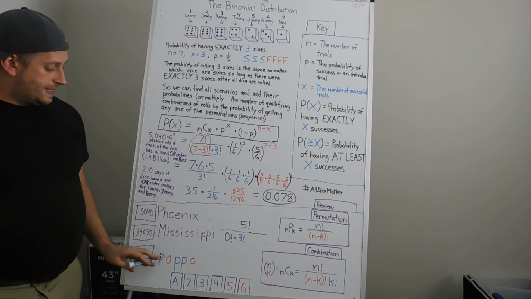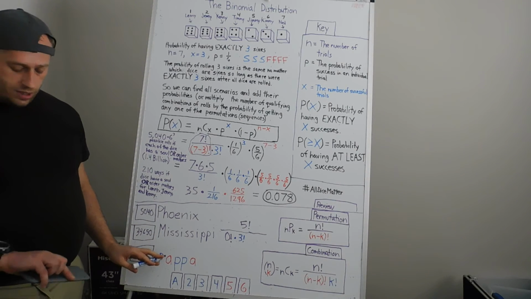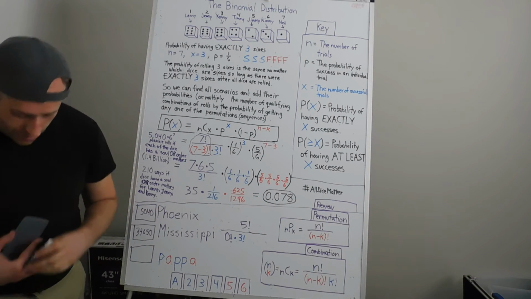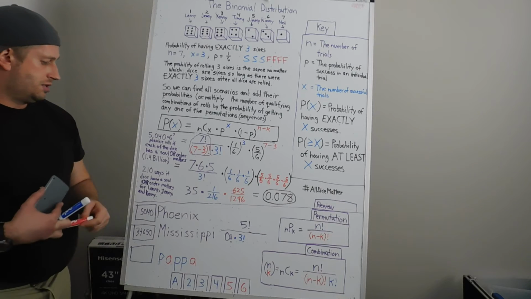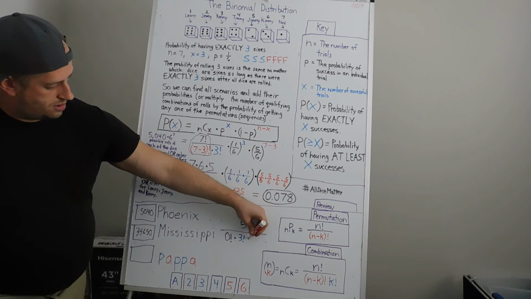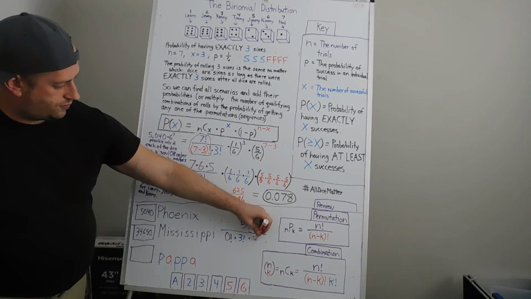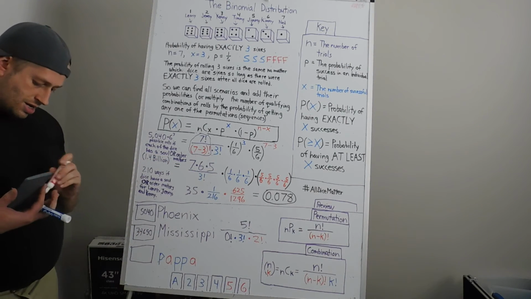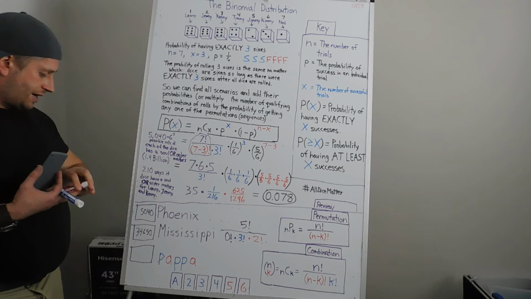Then we also have to take the 2 factorial, because there are also 2 ways to draw out the A's. One A or the other, if you want to think about it that way.